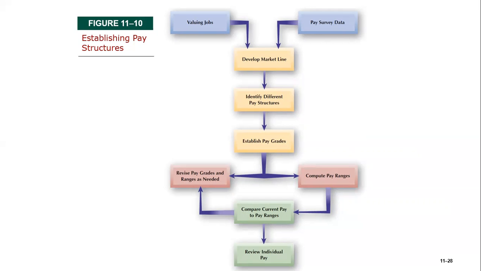Identify the different pay structures. Your job is to identify the various pay structures available in the market. If there are assistant professors, there are two types: those who have a PhD degree, who are doctors, and those assistant professors who are non-PhDs.